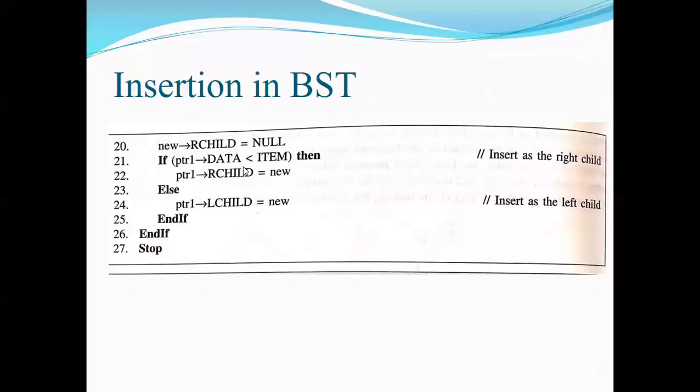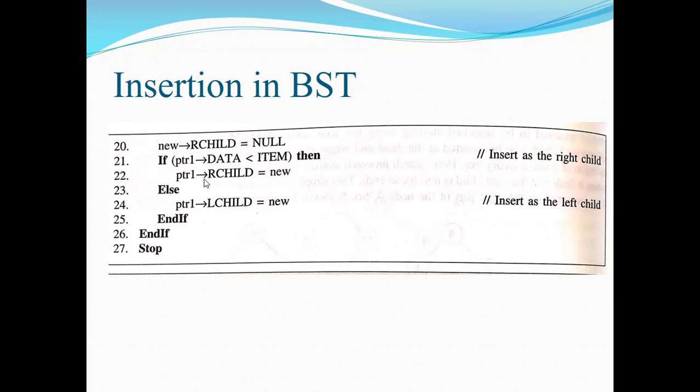And if ptr1 dot data is less than item, then ptr1 dot right child equal to new. If the item we are going to insert is greater than the current node's data, that is, ptr1 dot data is less than item, then we will insert our node as a right child.